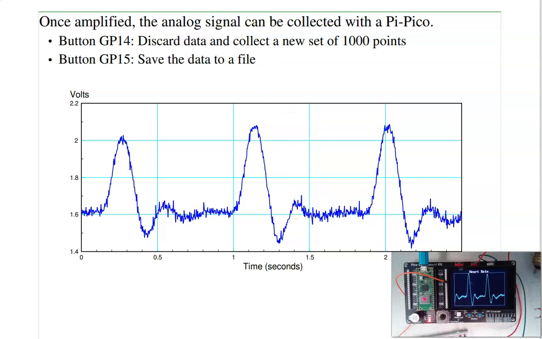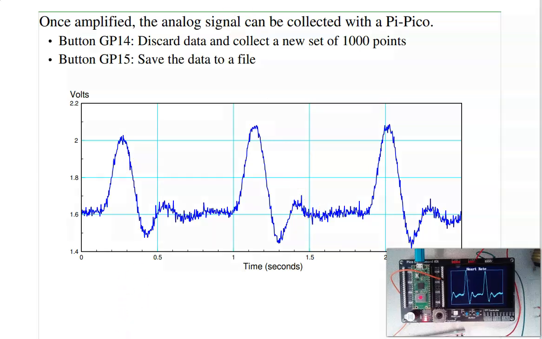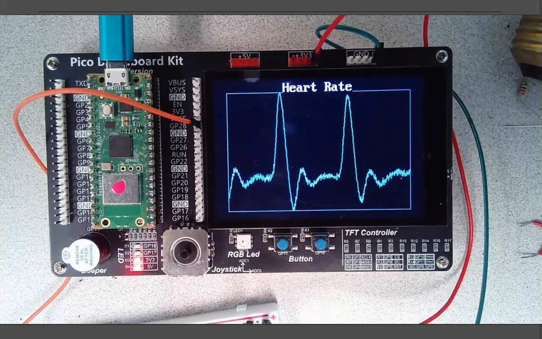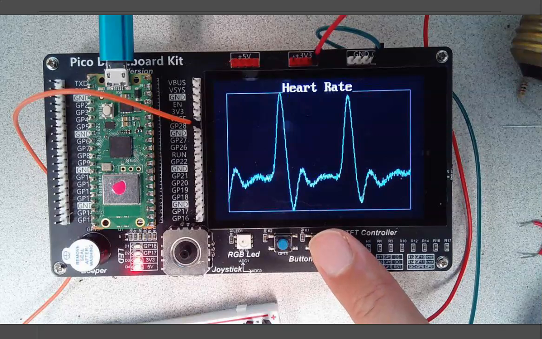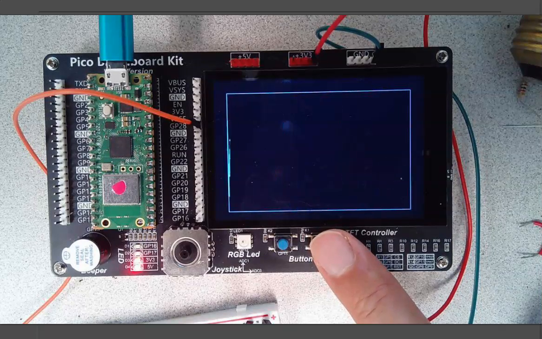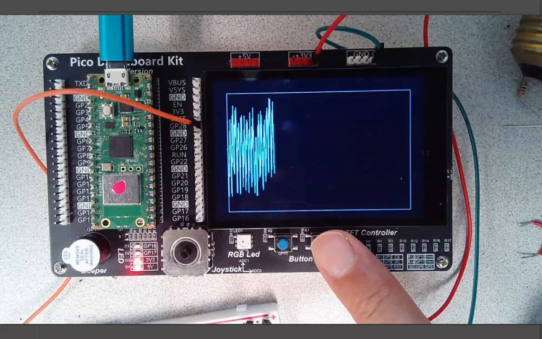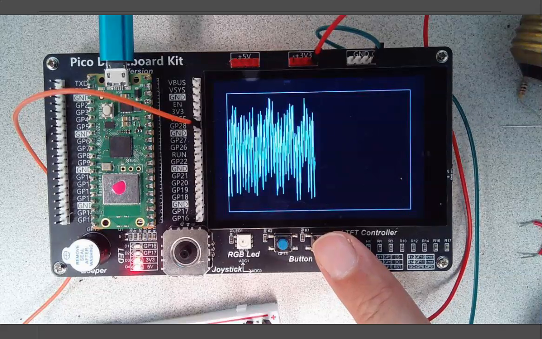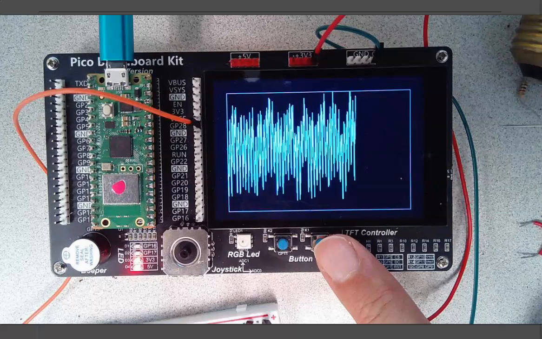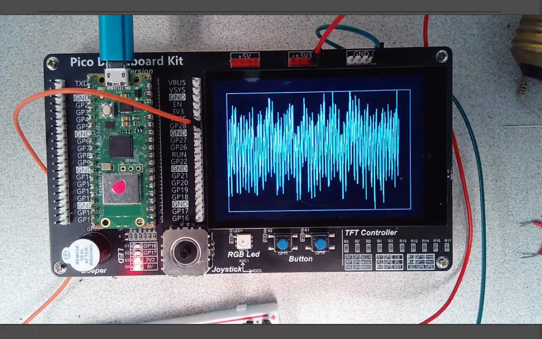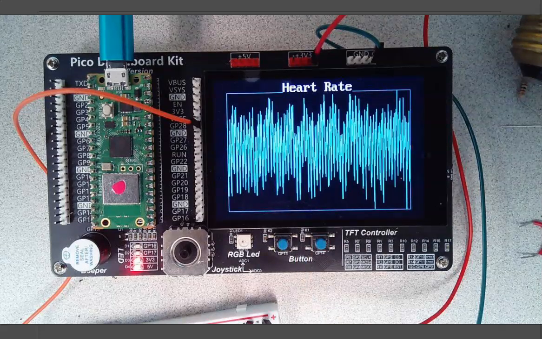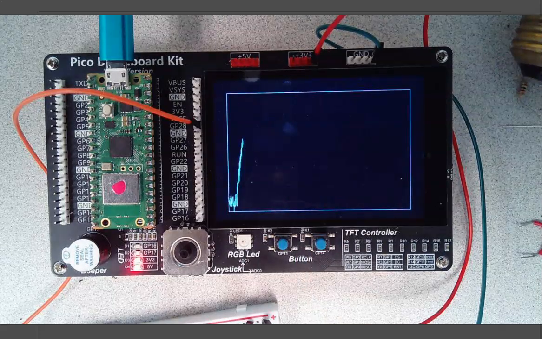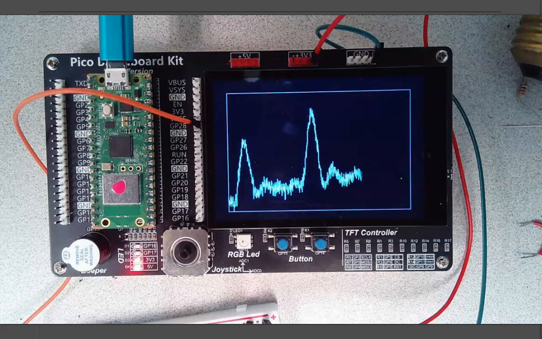So here's what that looks like. I can sit there and say, don't like that signal, try again. And here I don't have my finger over it, so there's no pulse. Okay, bad reading. Try again. Okay, it's somewhat better.